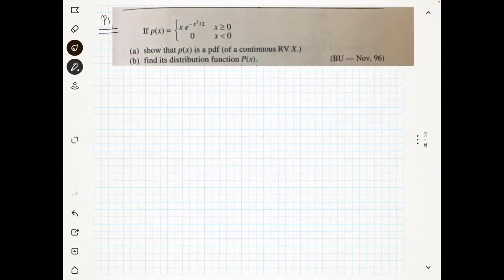P1. If P of x is equal to x into e power minus x square by 2 for x greater than 0, and is equal to 0 for x less than 0, then show that P of x is representing a PDF.